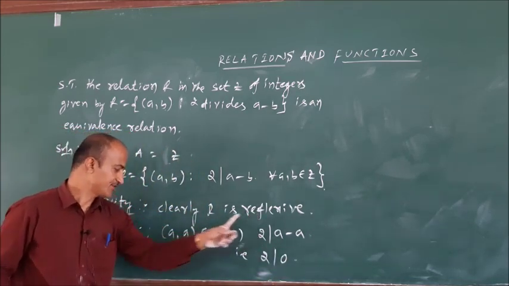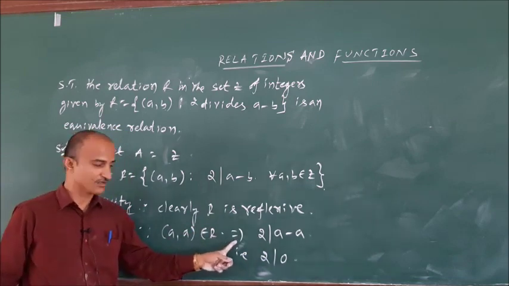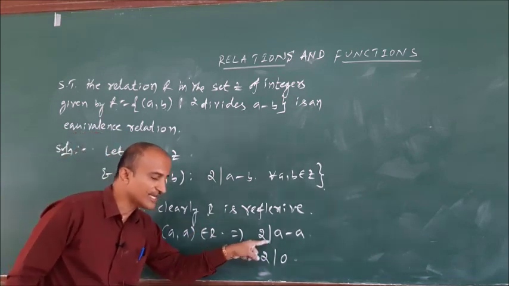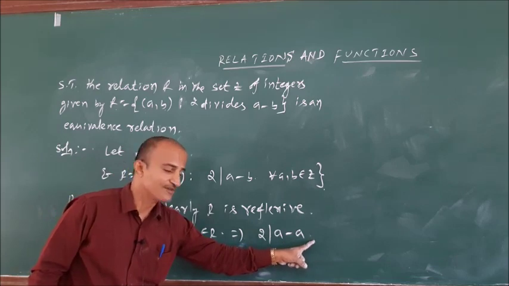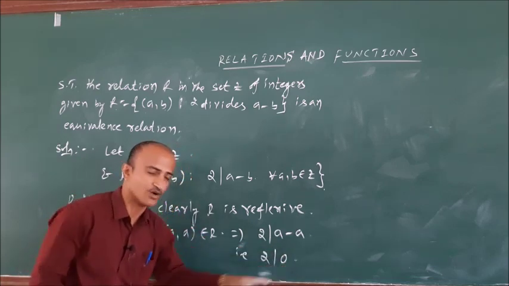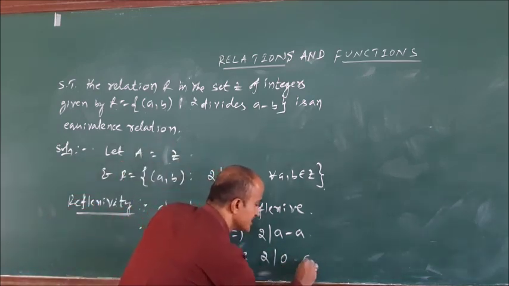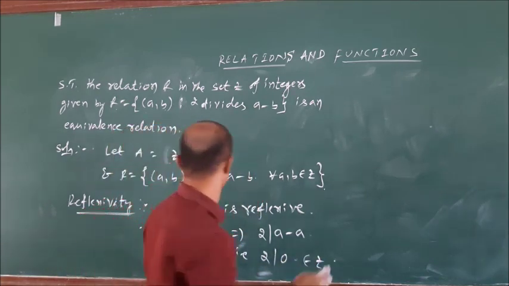Clearly R is reflexive. When (a, a) belongs to R, it means 2 is dividing a minus a, which means 2 is dividing 0. That also belongs to Z.